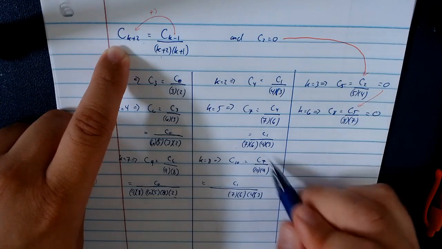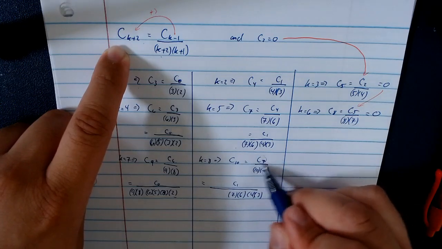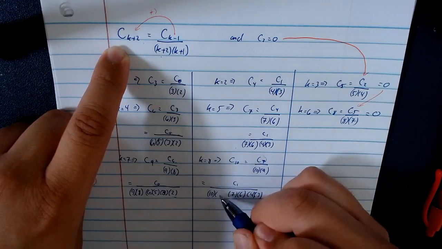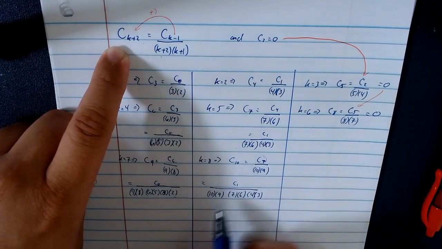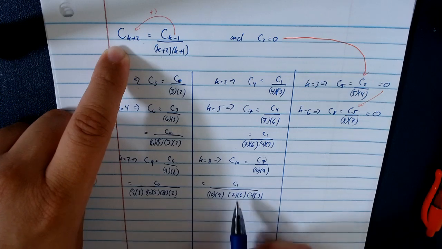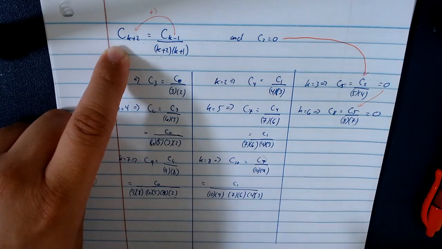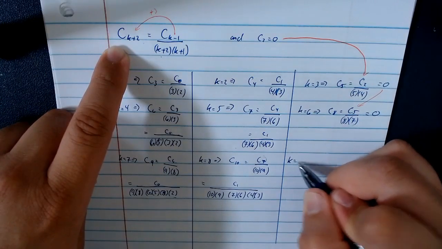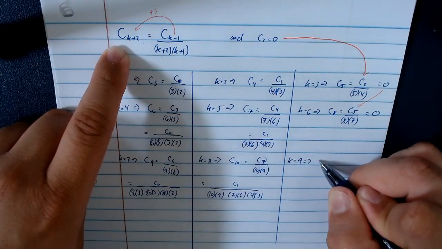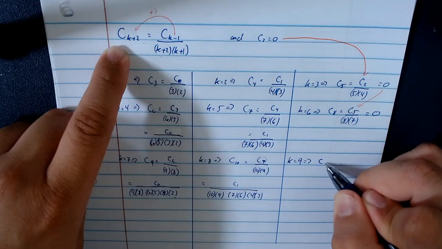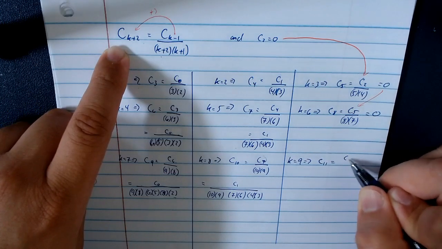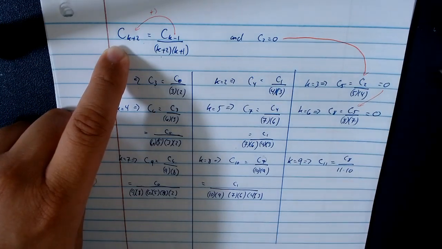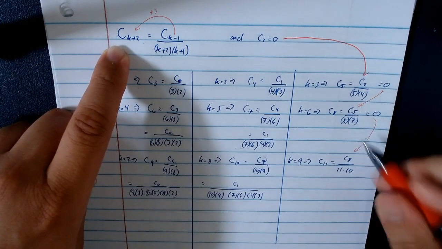Now that C7 is being further divided by 10 and 9, so C1 over 10 times 9, skip your 8, 7, 6, skip your 5, 4, and 3. And then if I said k equals 9, that's going to give me C11 equals C8 over 11 times 10. But C8 itself is 0, and so the whole thing is 0.